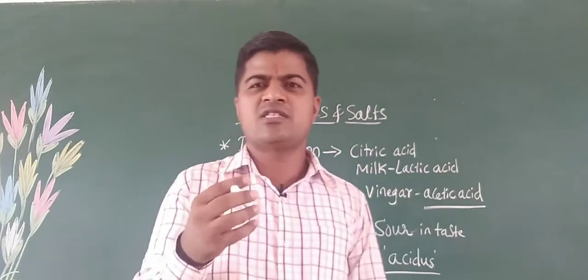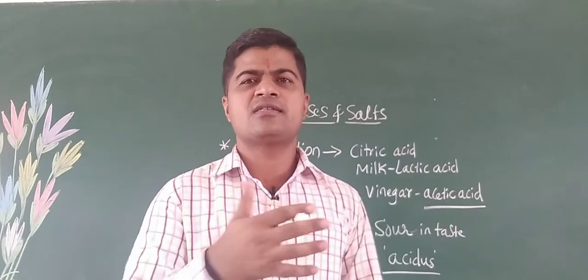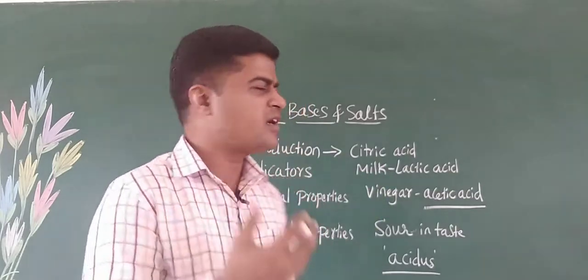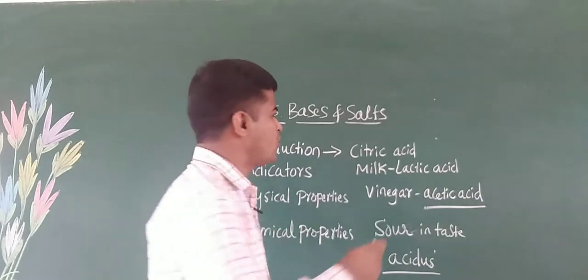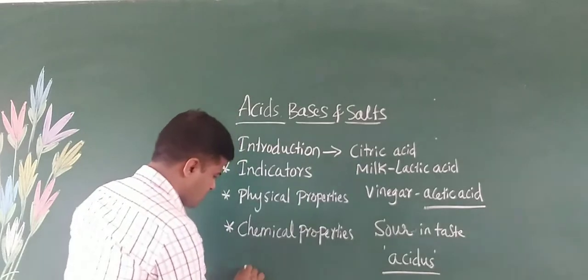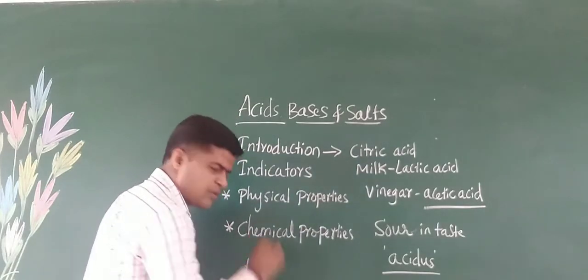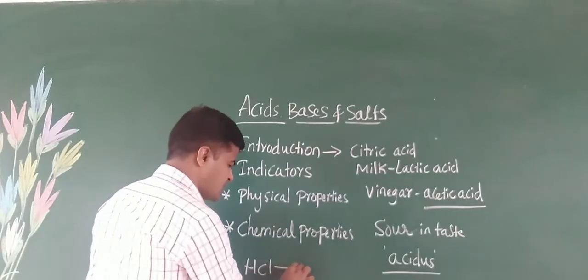If you study acids in higher classes, say in 10th standard, there is another definition: acids are the ones which give H plus ion when dissolved in water. We'll take the example HCl. I think everybody is familiar with this acid, HCl.